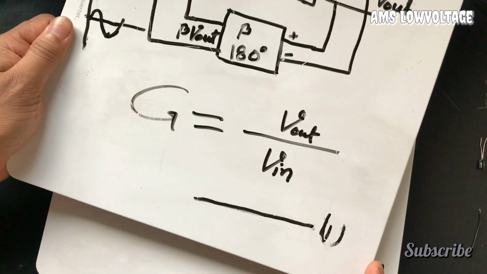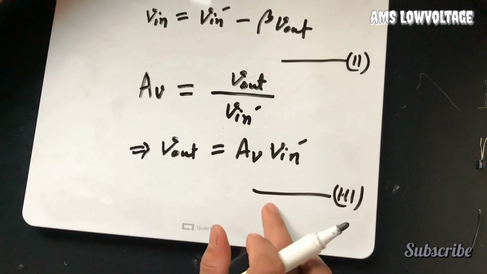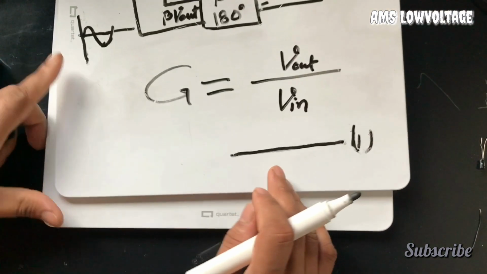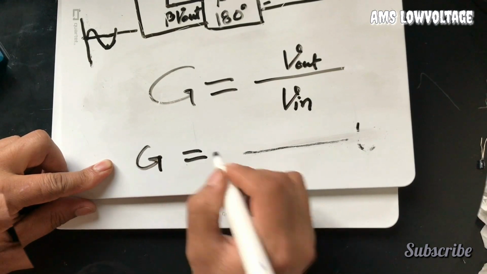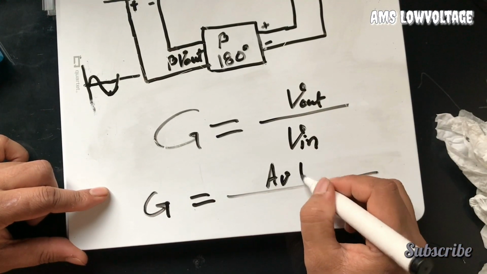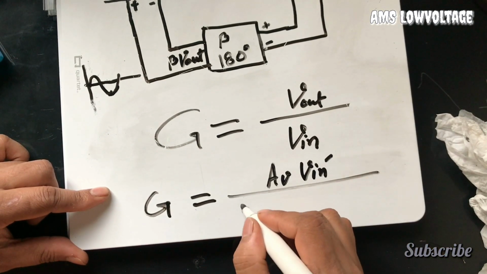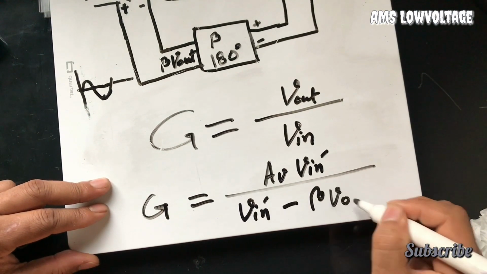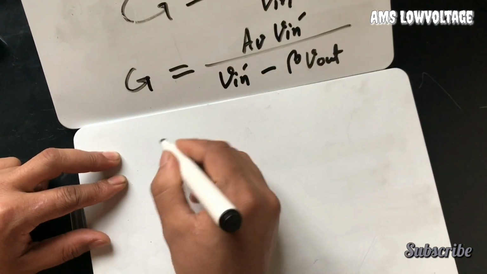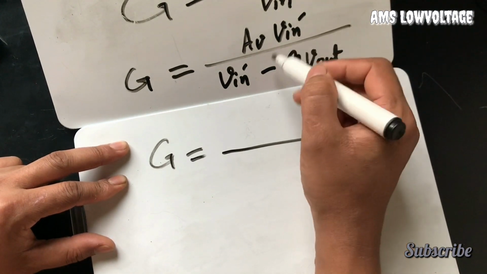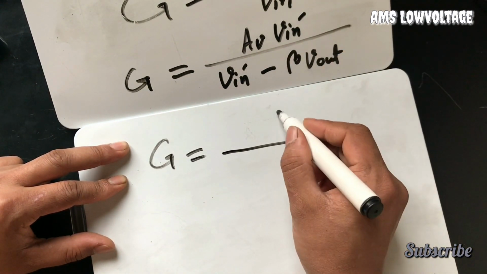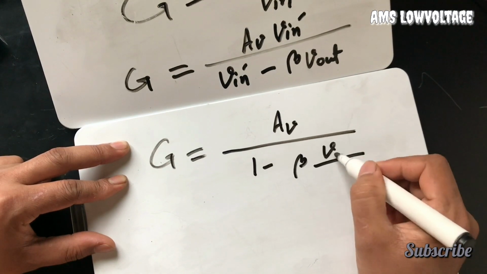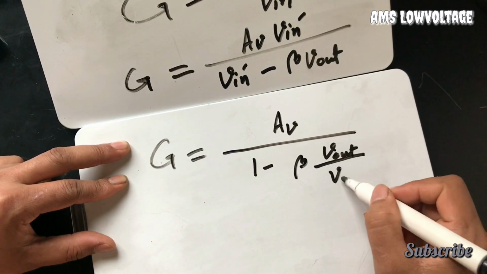So from equations 1, 2 and 3, from these 3 equations, finally we can get G is equal to AV V in prime divided by V in prime minus beta V out, and then G is equal to, if I divide this equation by V in prime, AV divided by 1 minus beta V out divided by V in prime.